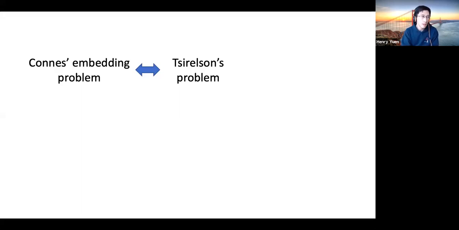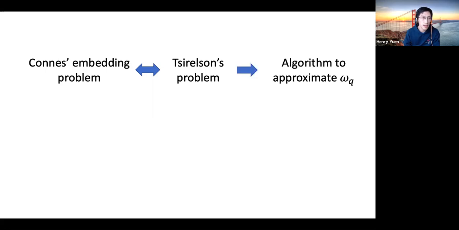So now this connects to the problems I described earlier, Tsirelson's problem and the Connes embedding problem. And it turns out that if the first two problems have a positive answer, then it actually implies the existence of an algorithm to solve this approximation problem.